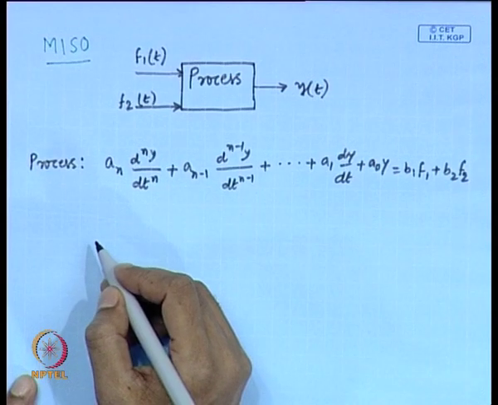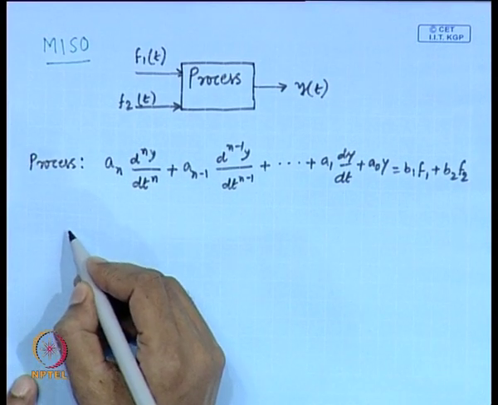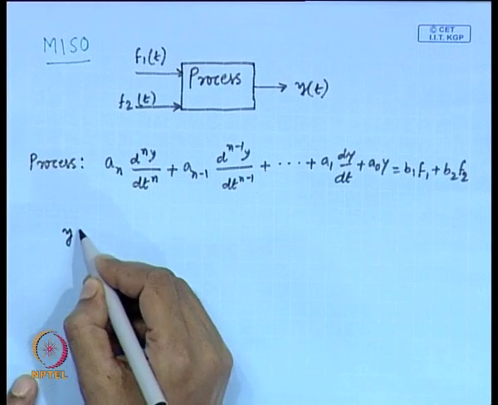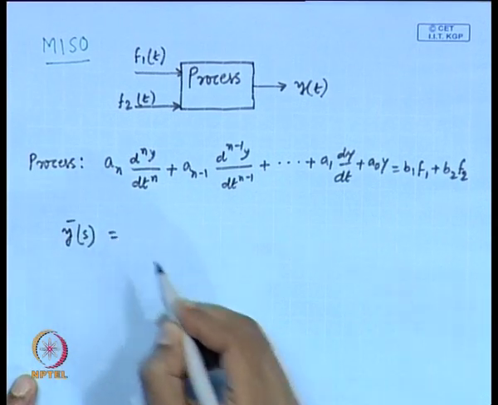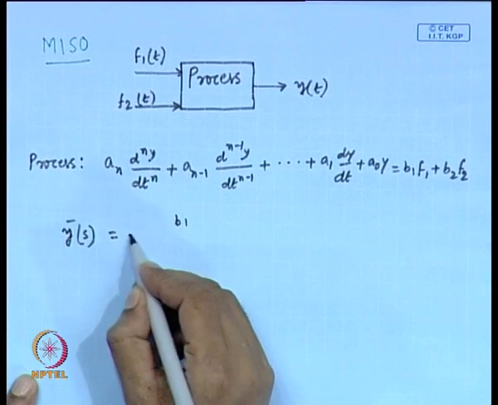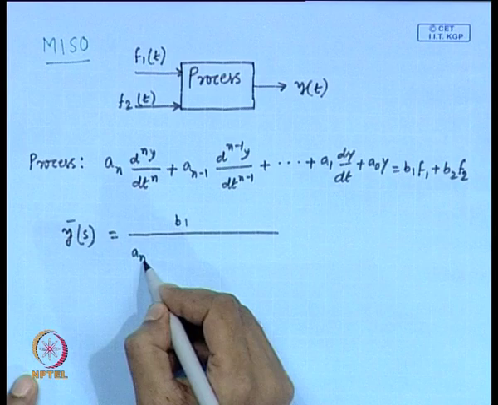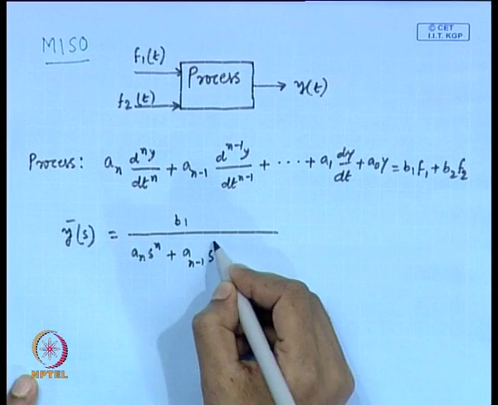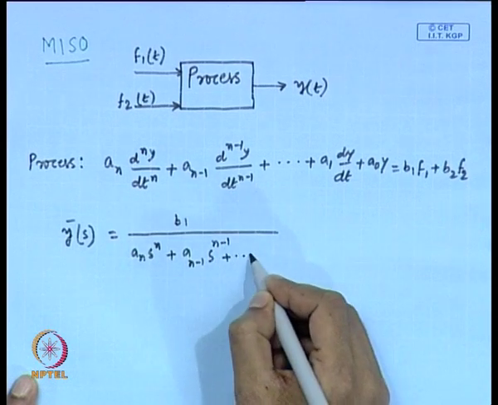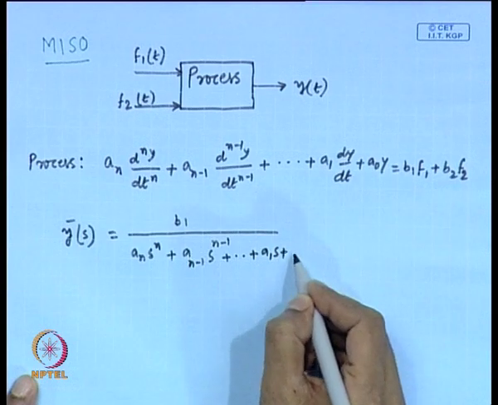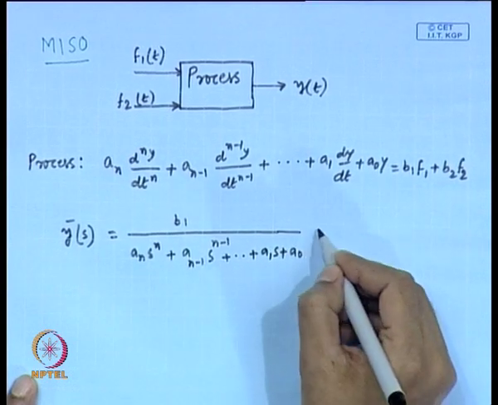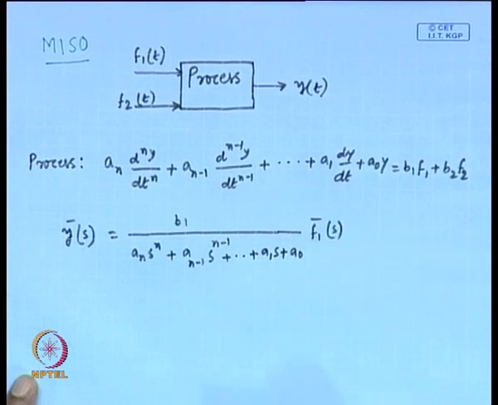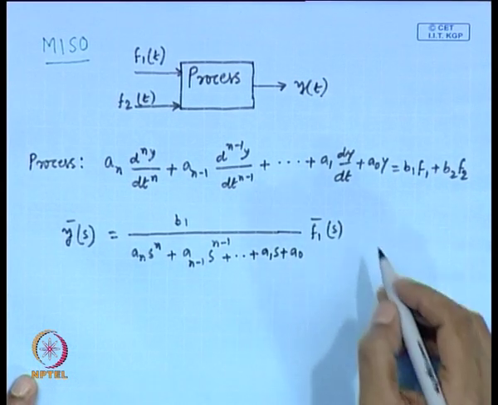Fine. So, next we have to take the Laplace transform. If we take the Laplace transform and rearrange, then we will get the expression like this: b_1 divided by a_n s^n plus a_(n-1) s^(n-1) plus ... a_1 s plus a_0, multiplied by F_1 bar(s).